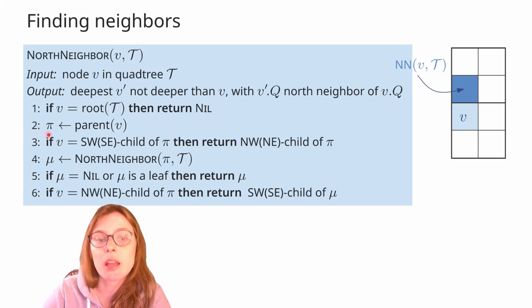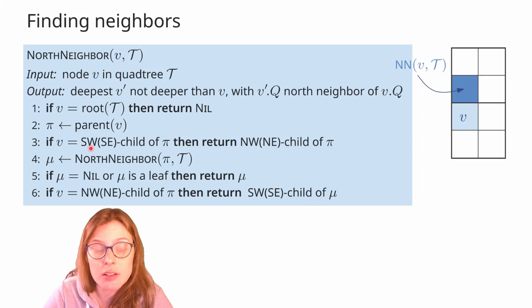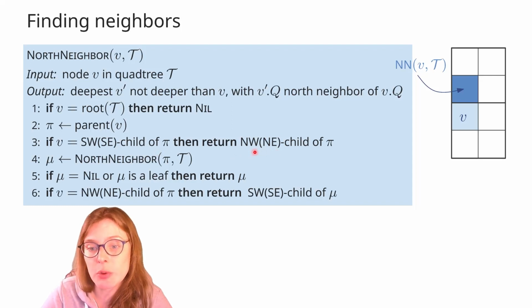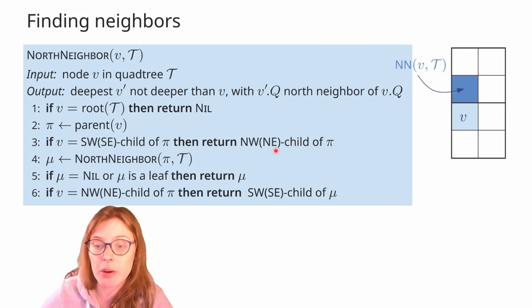Otherwise, let pi be the parent of v in the tree. Now, if v is the southwestern or southeastern child of that parent pi, then we simply return the northwestern or correspondingly northeastern child of that parent pi.